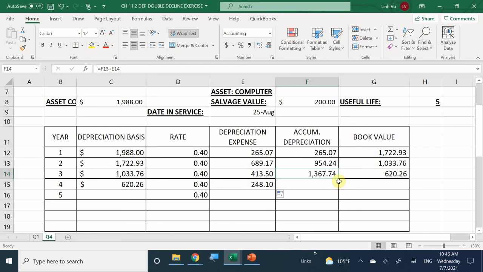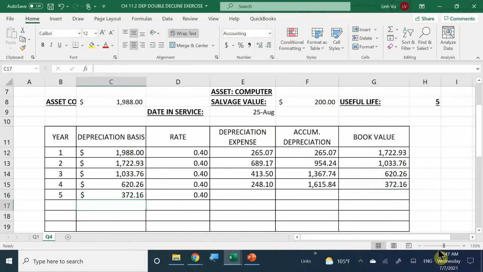Accumulated depreciation, 1615.84. Good. Which then brings my book value to be 372.16. Good. All right, let's solve for the last one.